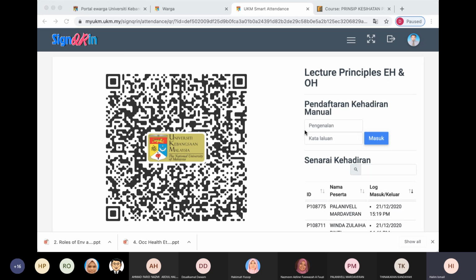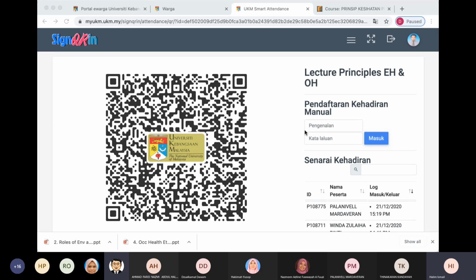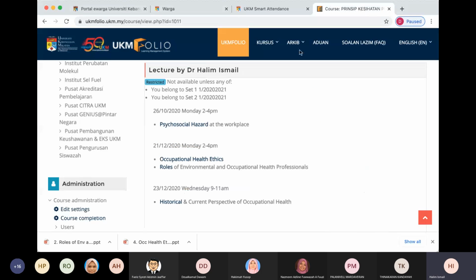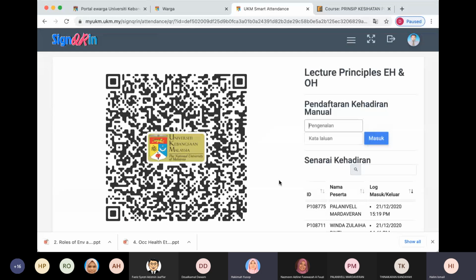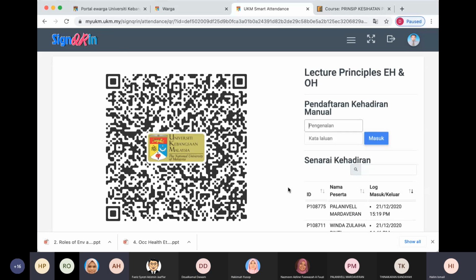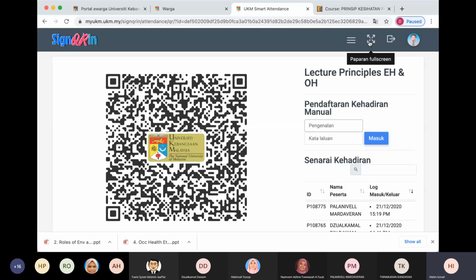Halo? Semua ada lagi? Dah sudah, kita punya lecture dah habis. So, saya jumpa hari Selasa 9 hingga 10 kan? Hari Rabu 9 ke 11. Okey, so semua dah log in kan? Semua dah. Dah, doktor.